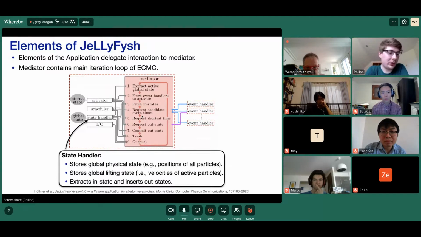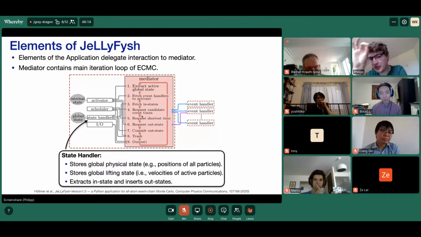This is where it becomes important that each event only depends on a very limited subset of our very huge configuration, so to say. And this also implies that our event handler can do whatever it wants with its subset of positions to just determine this next event. So this is also another reason why we chose this mediator pattern.